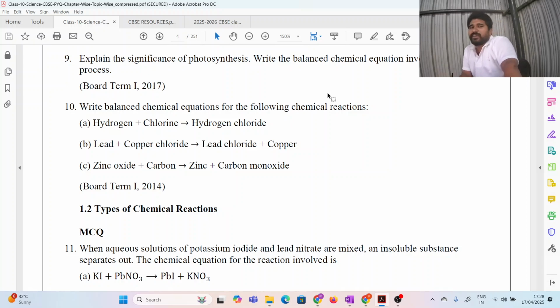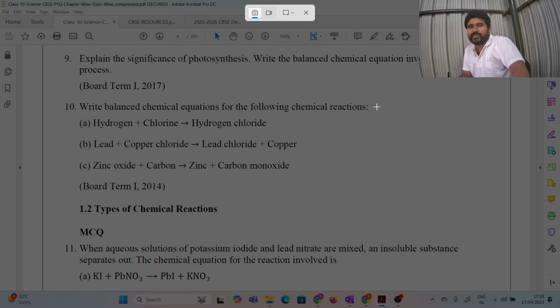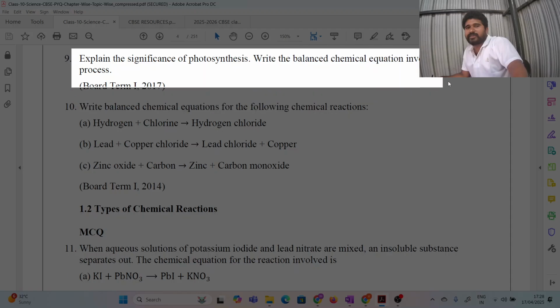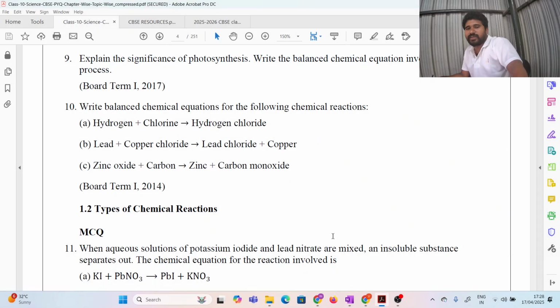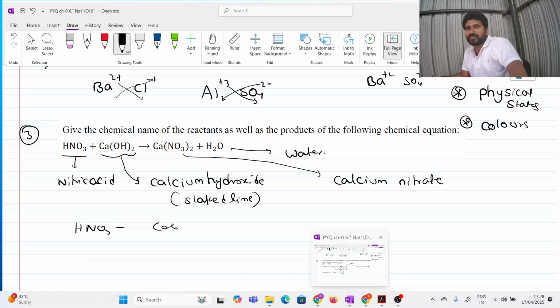Balanced chemical equation of photosynthesis. Please write everybody.